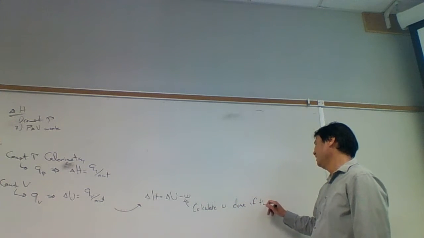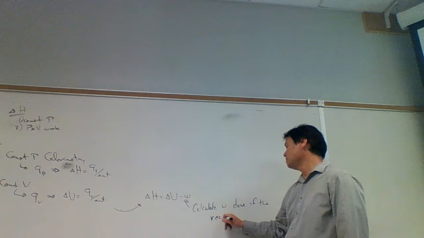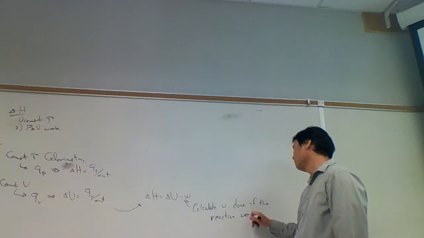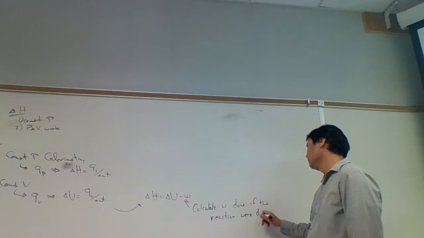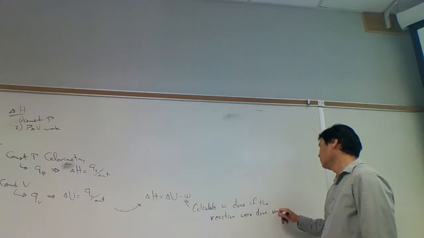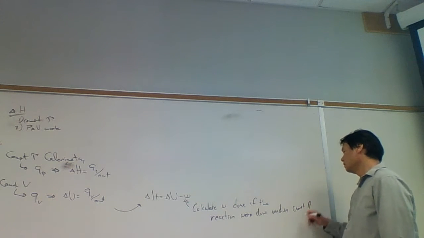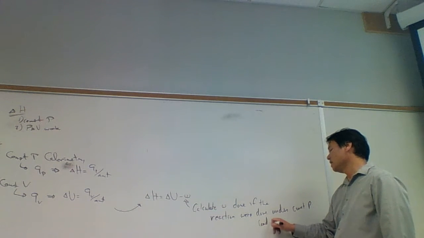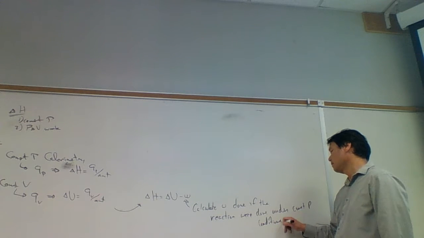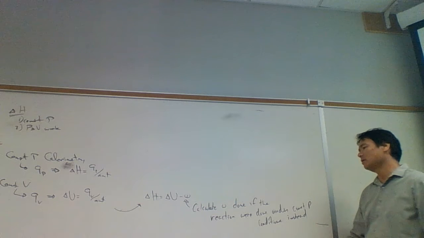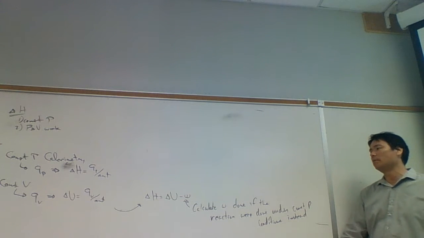If the reaction, what you do is you calculate W if the reaction were done or was done under constant pressure conditions instead. And so the actual reaction was done under constant volume conditions. You did it in a bomb, right?